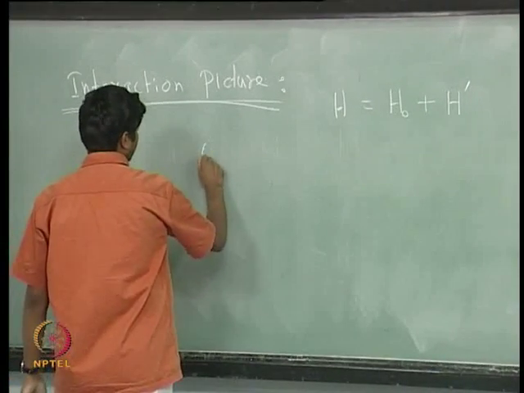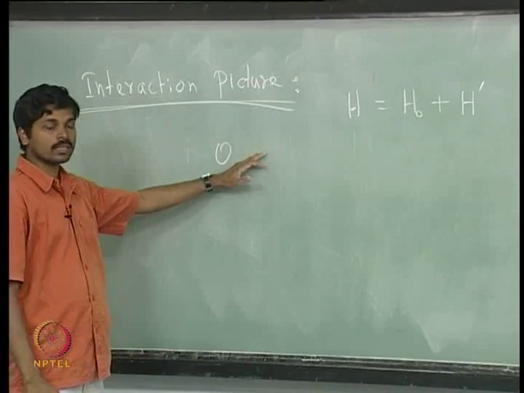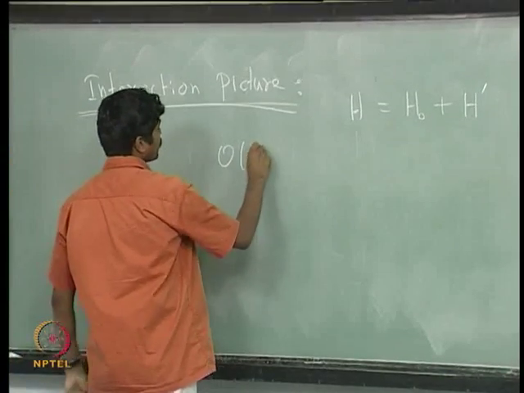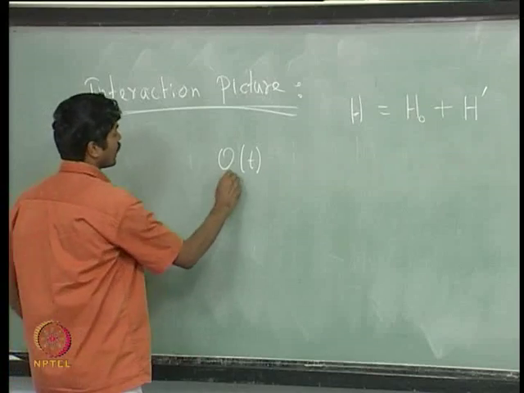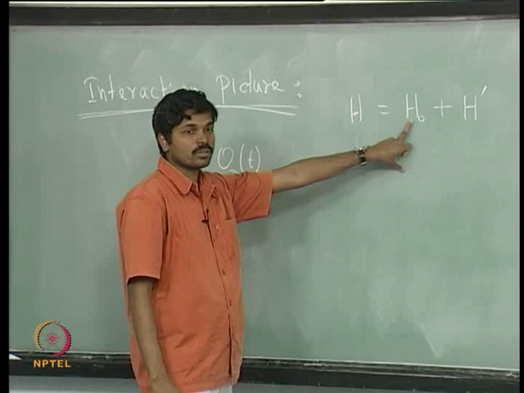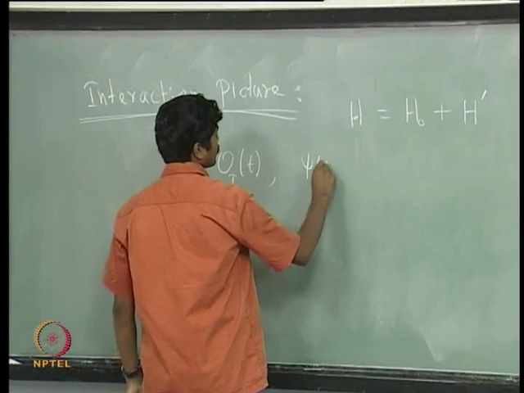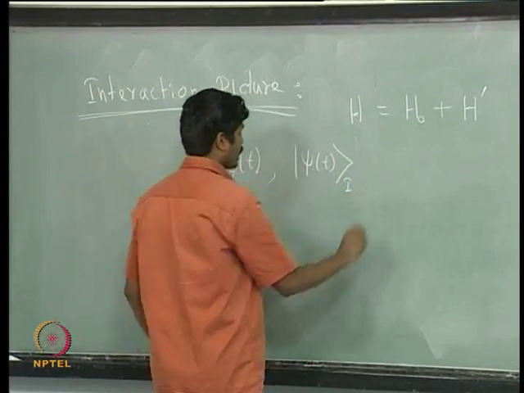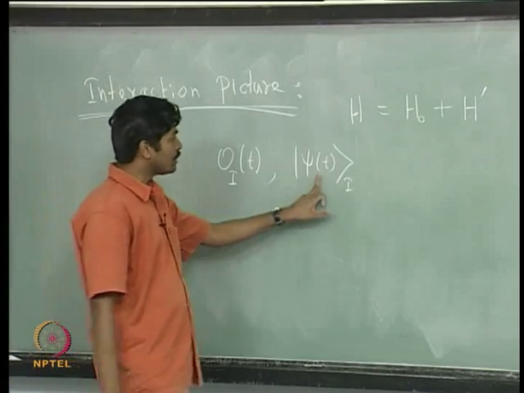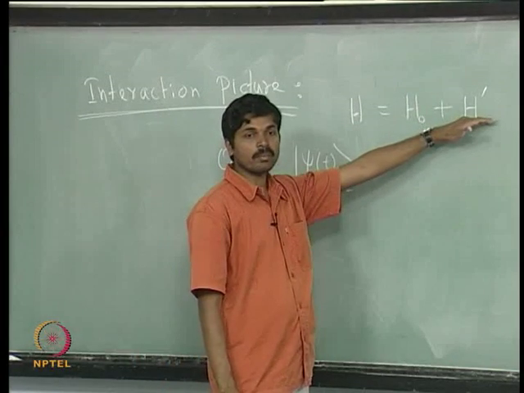What happens in the interaction picture is that both the states as well as the operators are time dependent. However, the time dependence of the operators in the interaction picture is governed by the free Hamiltonian H0, whereas the state vectors are also time dependent, but the time evolution of the state vectors is determined by the interacting part of the Hamiltonian.